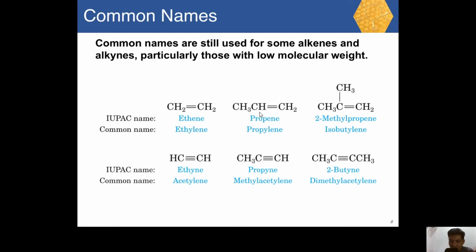Mga ginagamit sa blowtorch, isobutylene, ganun din. Acetylene, ito yung ginagamit sa torches pa rin. Okay, propyne and butyne, 2-butyne. So these are the common names, no? Pag naging familiar kayo dyan, that means meron yan double bonds or triple bonds. Yan ay alkenes and alkynes.